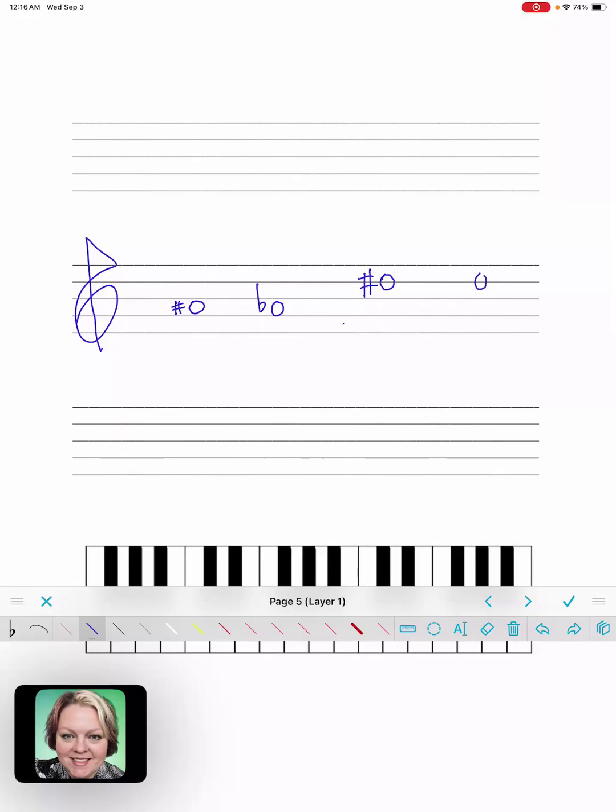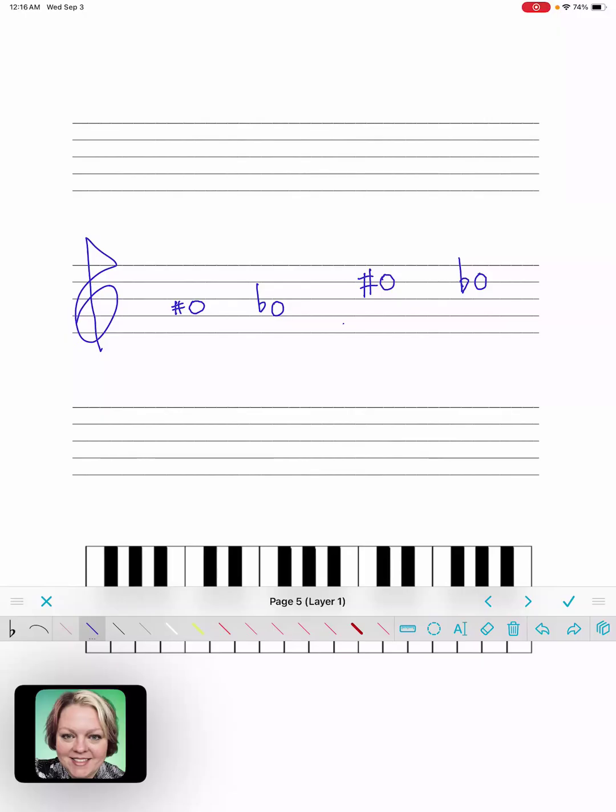If it's a line note and you're putting a flat with it, the line has to go through that bubble part of the flat. So we say that we have line notes and space notes. We kind of have line accidentals and space accidentals as well.